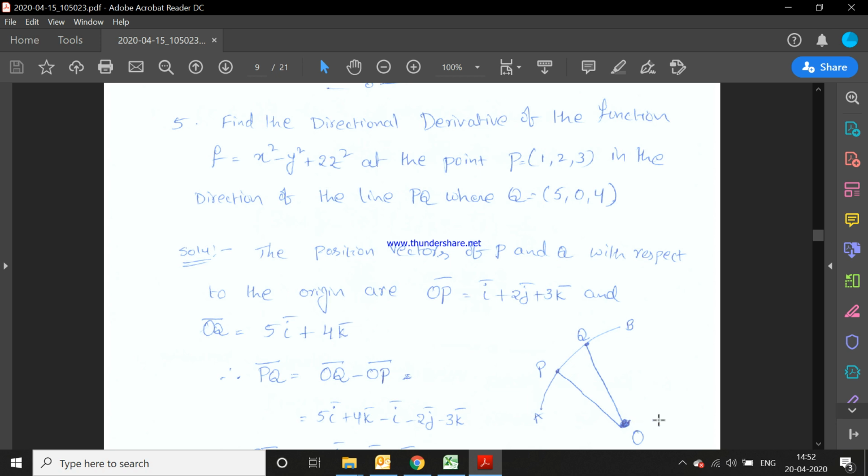We always consider the curve x squared plus y squared plus z squared equal to r squared, which is a sphere. So OP is one position vector and OQ is another position vector. We find PQ equal to OQ bar minus OP bar. By using this concept, we can find PQ bar and find the directional derivative in the direction of PQ bar.